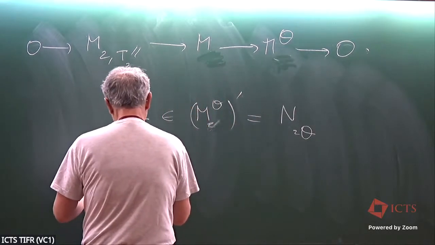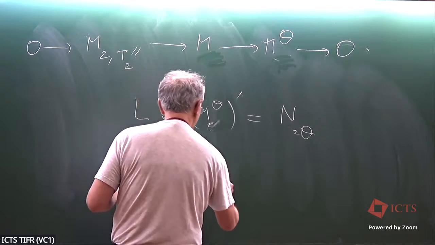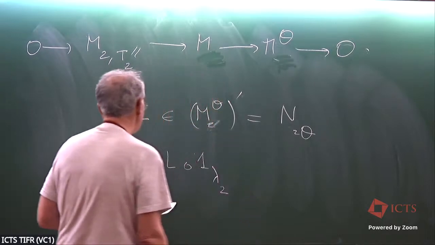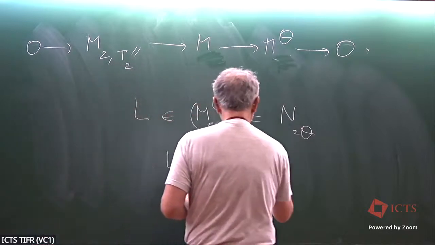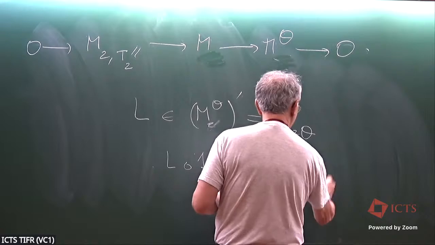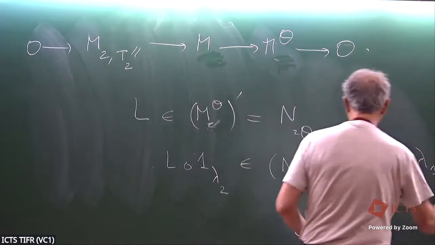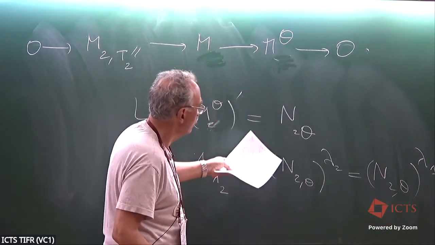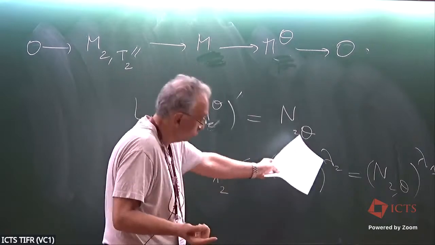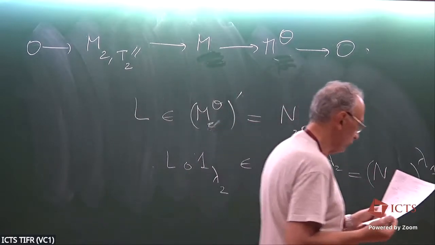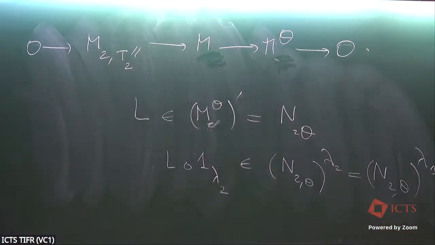Now, if you compose L with 1 lambda 2, then this belongs by definition to N2 theta lambda 2, which is, as I explained, the same as N2 theta lambda 1, because on this T2 acts through T1. And now let's consider our element C2. So C2 belongs to M2, and it is a 1 lambda 2 of something.